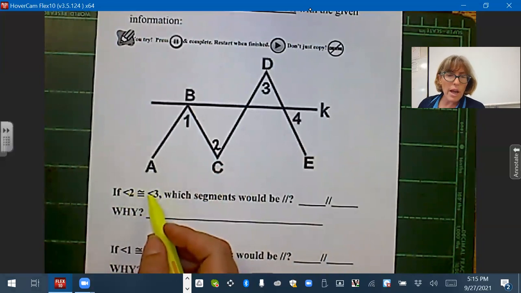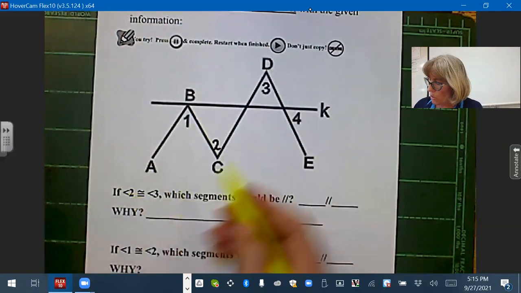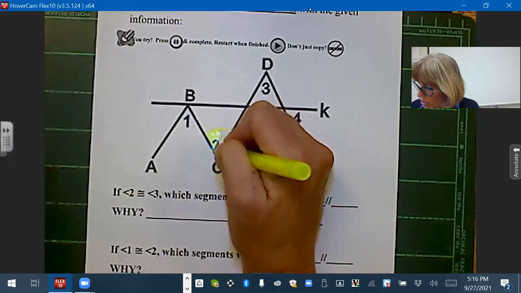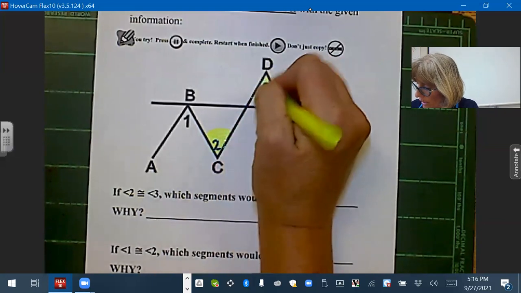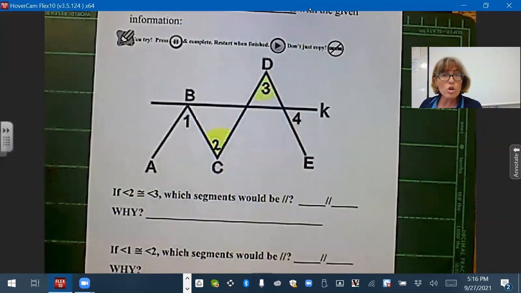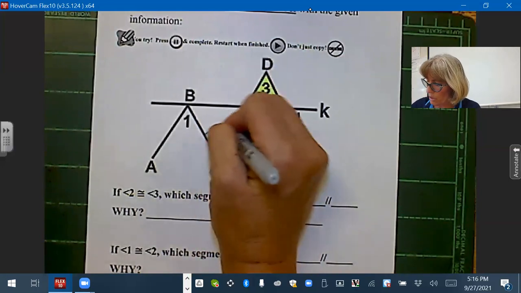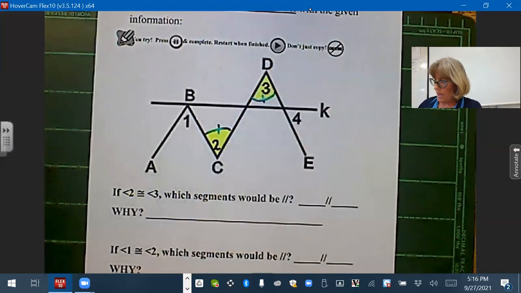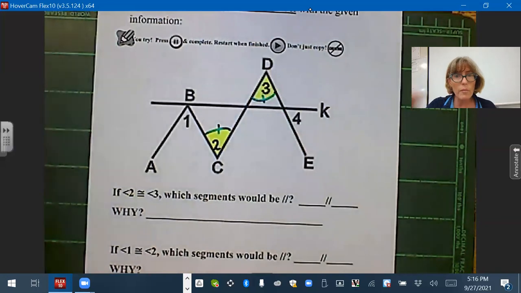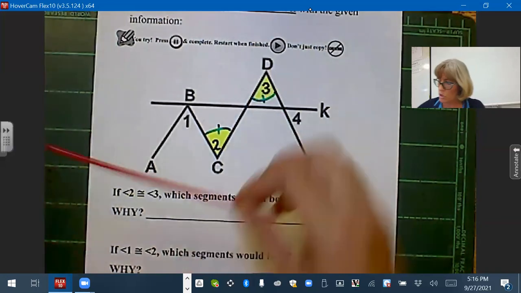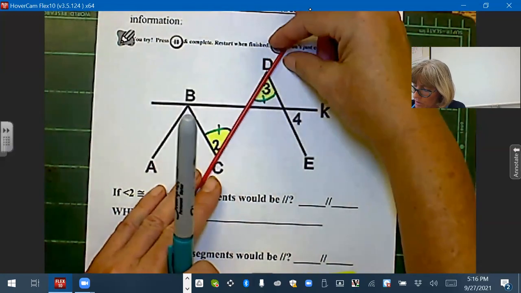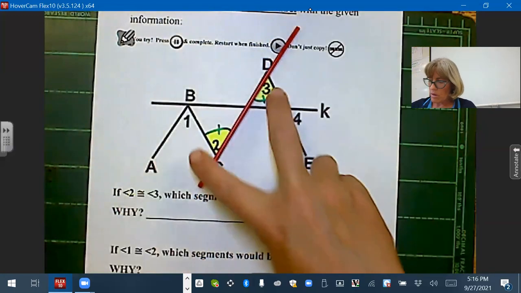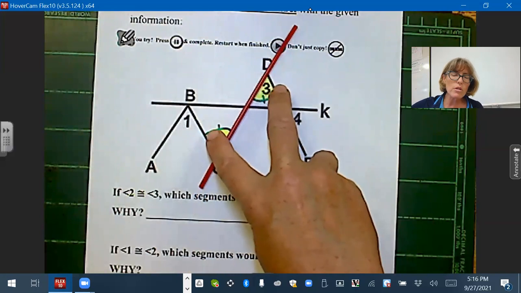In this diagram, 2 and 3 are congruent. Let's mark it. 2 and 3. And you're told that those are congruent, so mark them equal. Now, your stir stick must physically touch both the angles you're working with. So it's going to go right here like this. Touch 2 and 3 with your fingers.